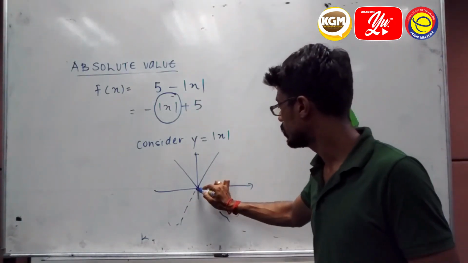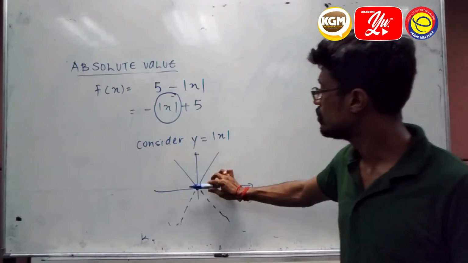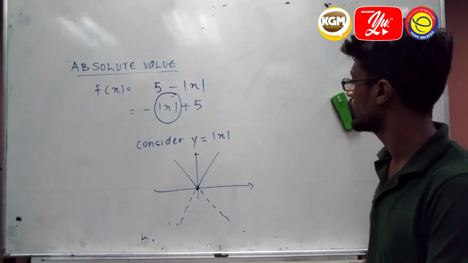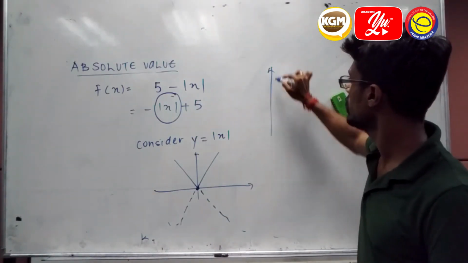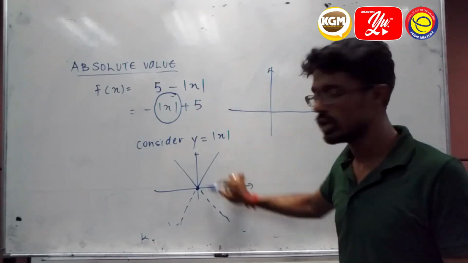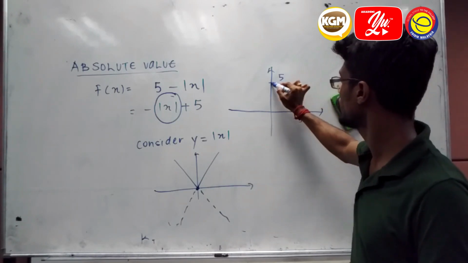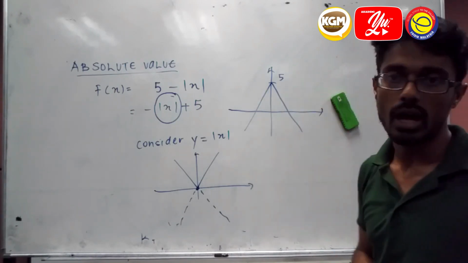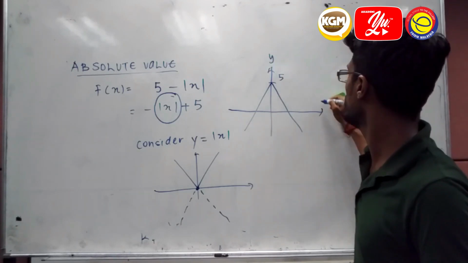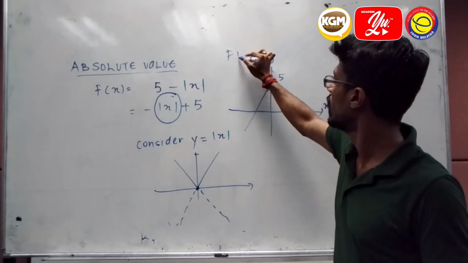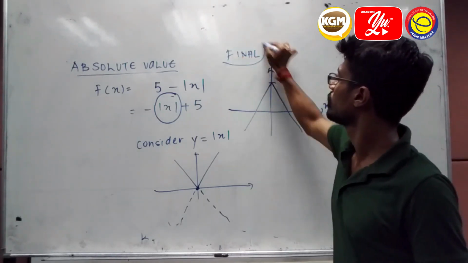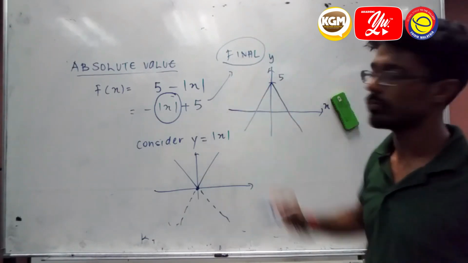So all you have to do, just focus on this point here. So 0, you're going to add 5, which means your final graph, remember, the shape is still the same. From 0, you're going to end up at 5. This is how your final shape is going to look like. So I'll write the final graph of this.